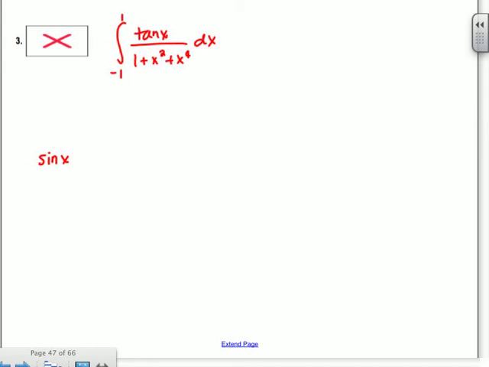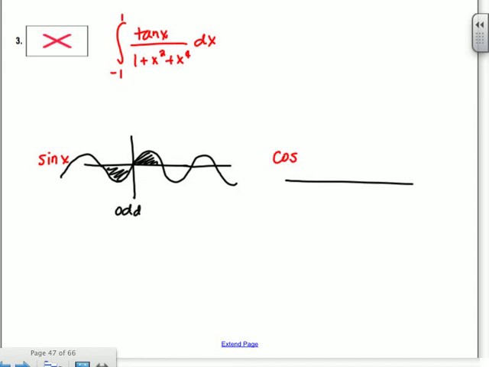And you would be able to see you have a negative area, a positive area, they're going to cancel each other out. Oh, and 3, do you guys have that one on yours? Okay, what's it say? Tangent of x over 1 plus x squared plus x to the 4th here. Okay, and it's going from? Negative 1 to 1. Okay.